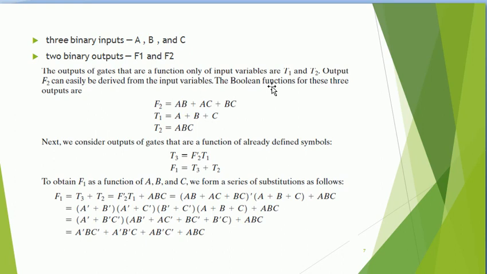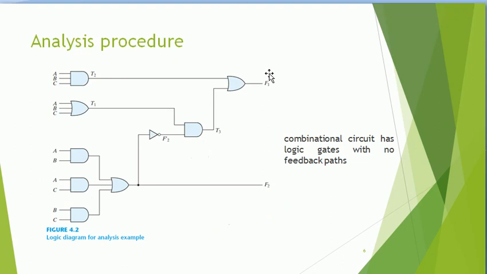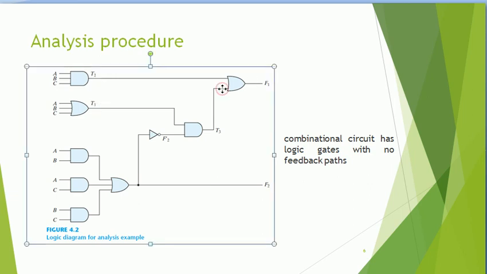So when we say F2, it is obtained by these 3 AND gates and an OR gate. These 3 AND gates give AB plus AC plus BC. That is F2. In case of F1, the temporary output variables T2 and T1 are both given as inputs for F1.